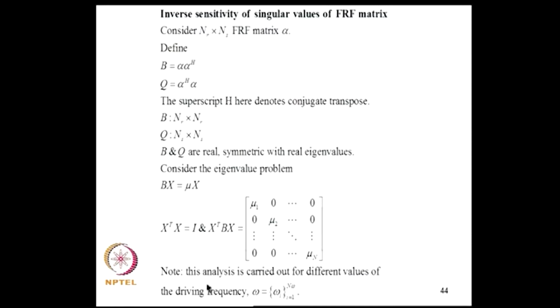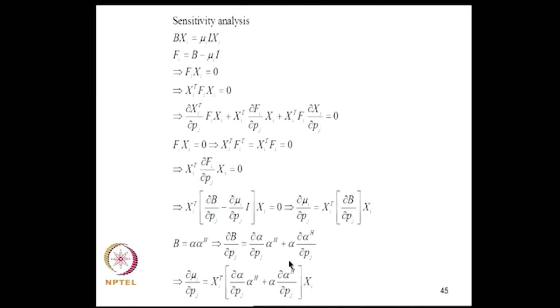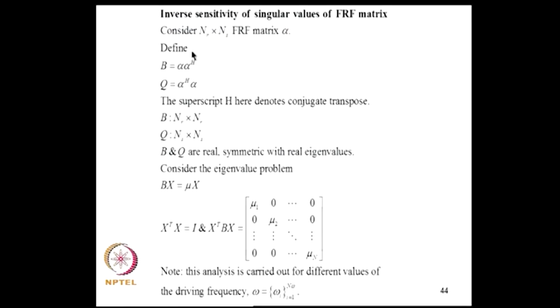You must notice that when I talk about FRF, it is at a value of the driving frequency, which is implied in this. So, all this analysis has to be done for every frequency. The driving frequency is now fixed, and there could be n omega number of driving frequencies, which has to be borne in mind.